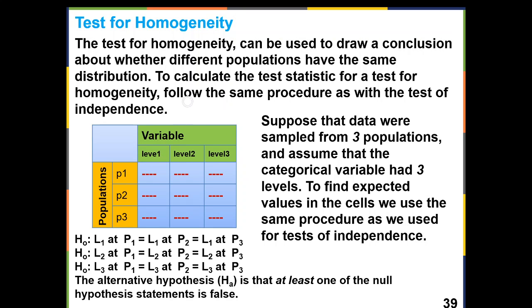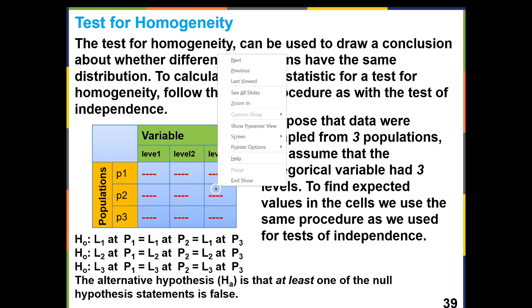And the question we want to answer here is whether different populations have the same distribution or not. So this test only tests whether the populations have the same distribution. We don't actually figure out what kind of distribution they have. We just want to know whether they're the same or not.